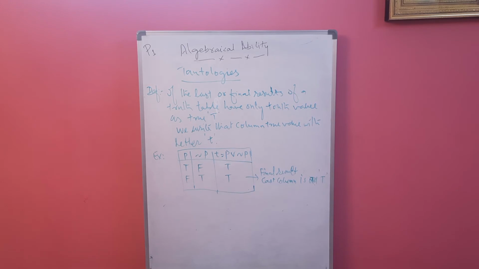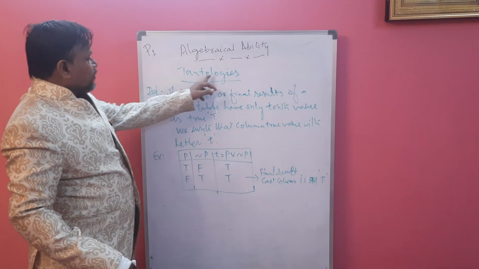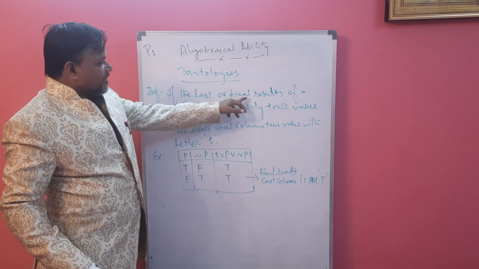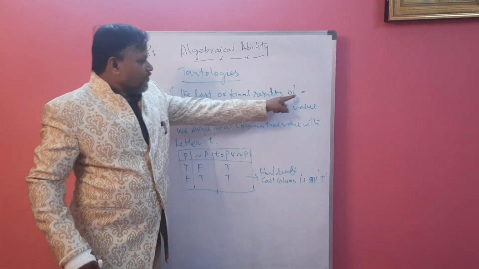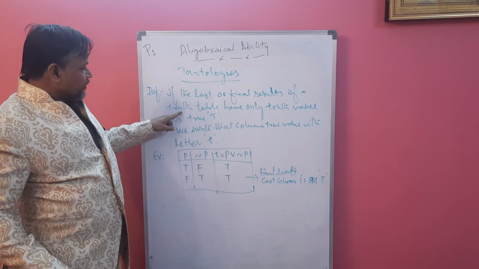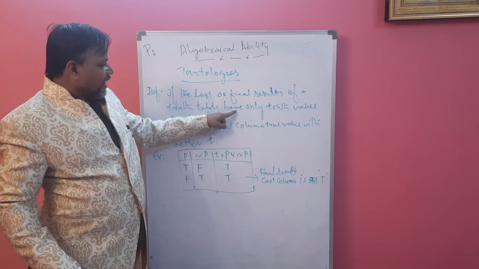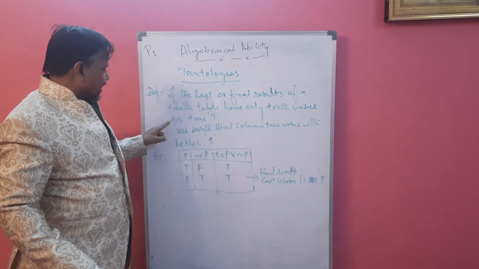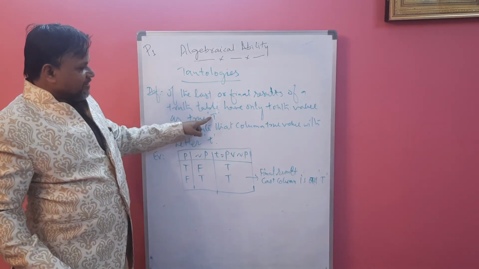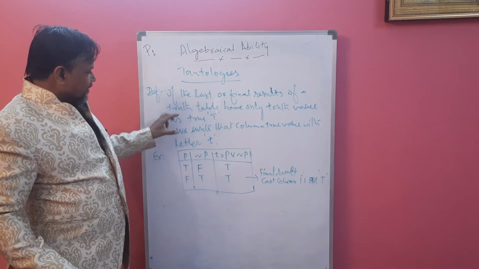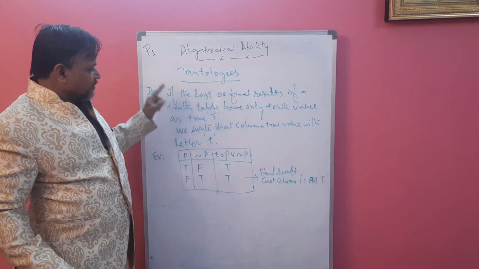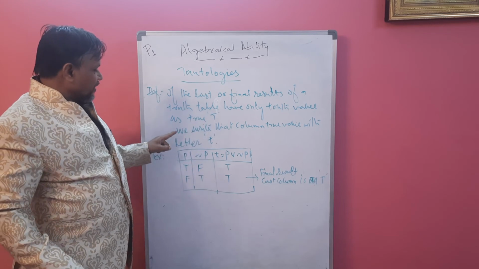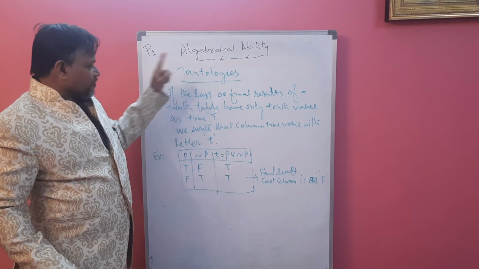Now tautologies. Tautologies means what? Definition: if the last or final results of a truth table have only truth value as true, that is T, then we call it as tautology.